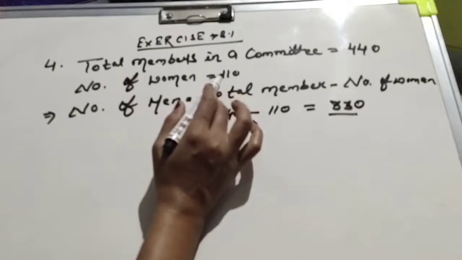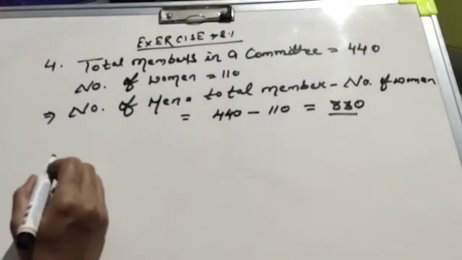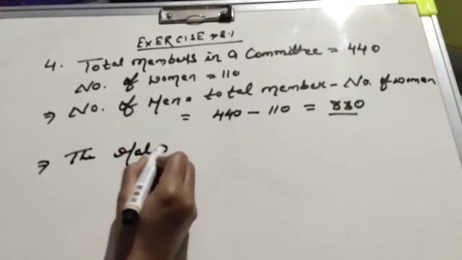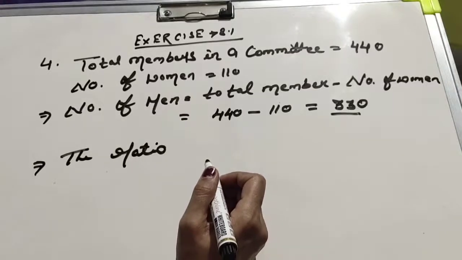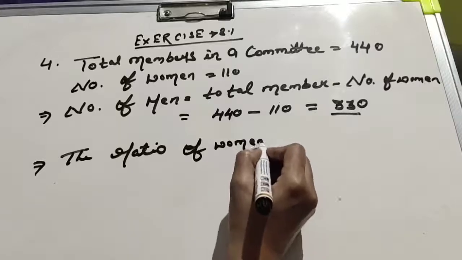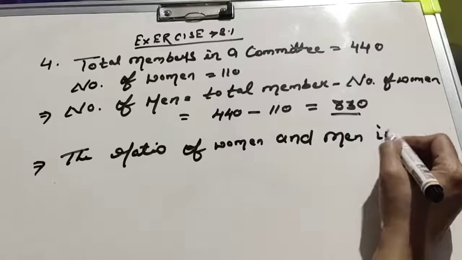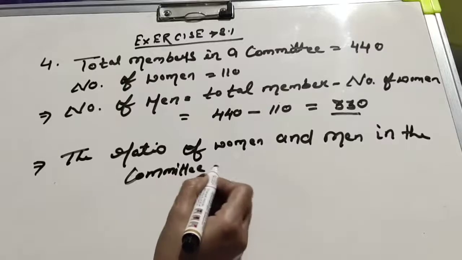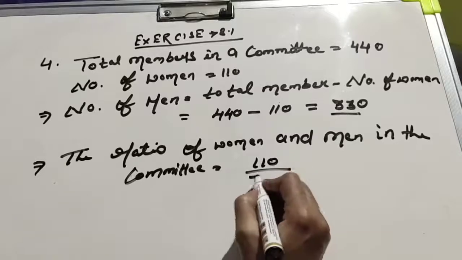And what you will do, you have to just find the ratio of the number of women and men in a committee. So you have to write the ratio of women and men in the committee is equal to women is given 110, men is given 330.